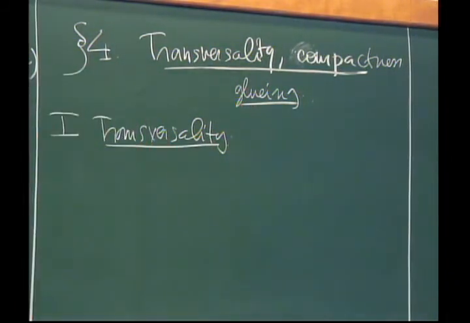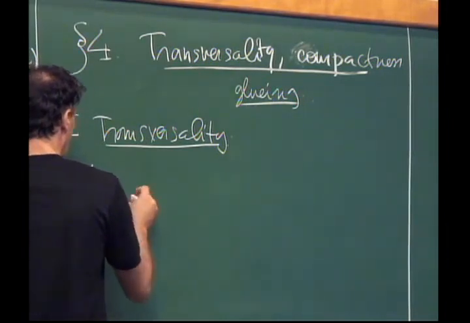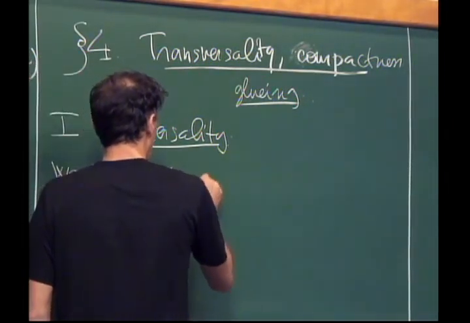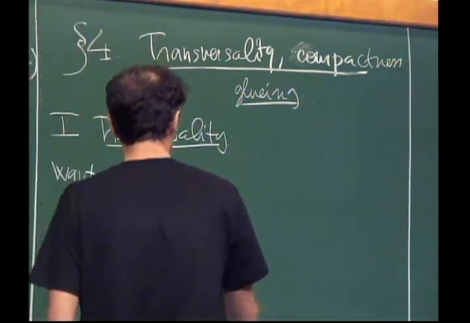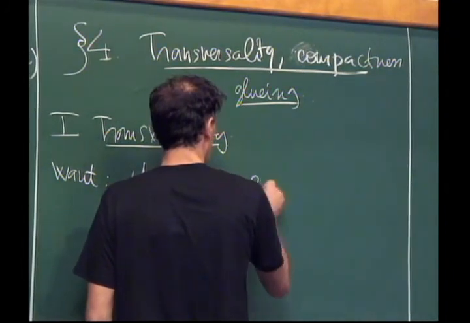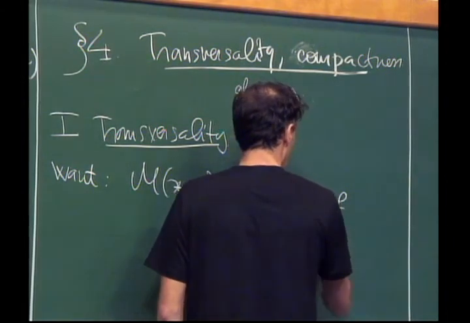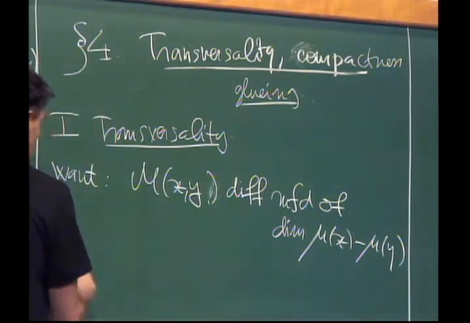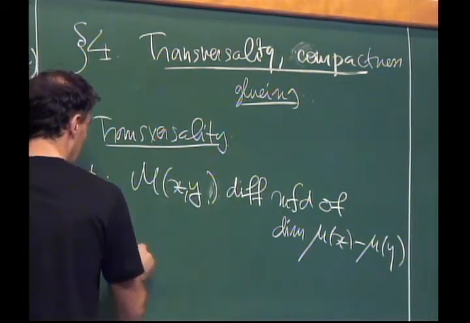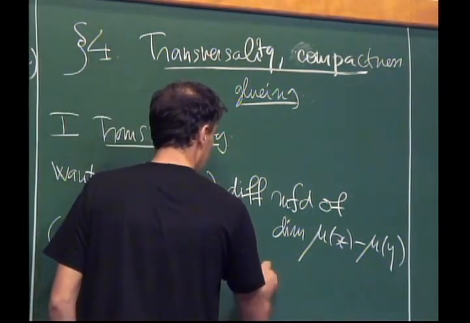So what do we want? We want to have M_XY a differentiable manifold of dimension mu x minus mu y, so that L_XY will be of dimension one less.